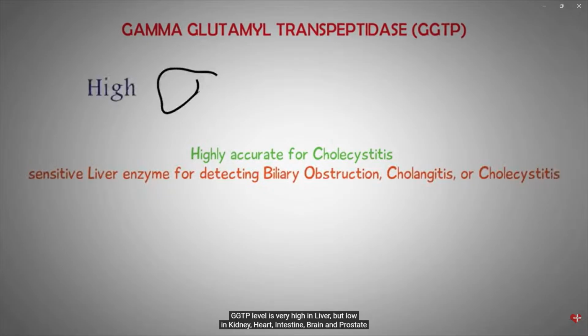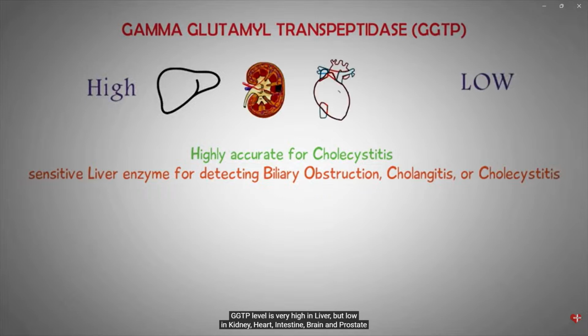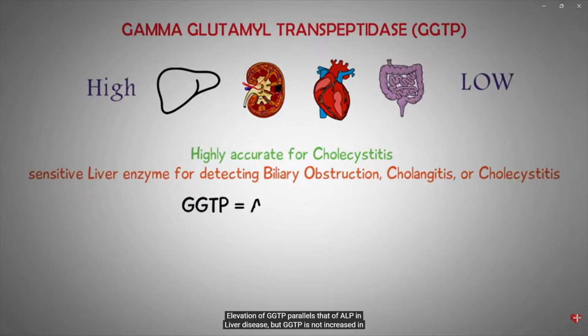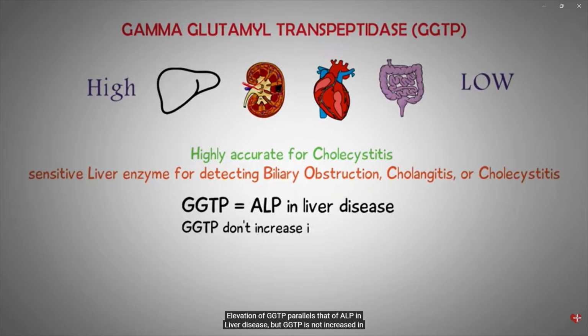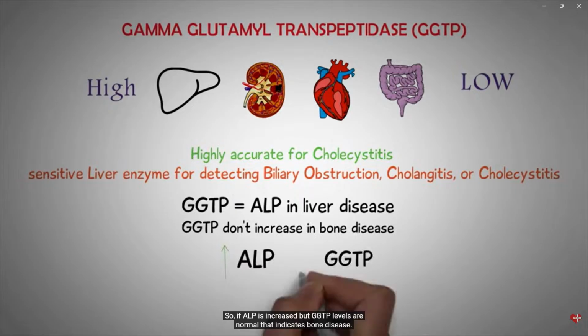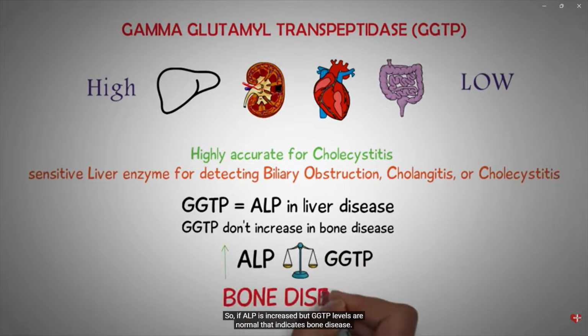GGTP level is very high in liver but low in kidney, heart, intestine, brain and prostate gland. Elevation of GGTP levels parallels that of ALP in liver diseases, but GGTP is not increased in bone disease. So, if ALP is increased but GGTP levels are normal, that indicates bone diseases.